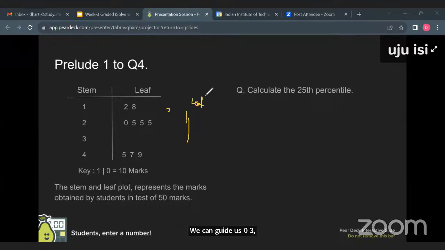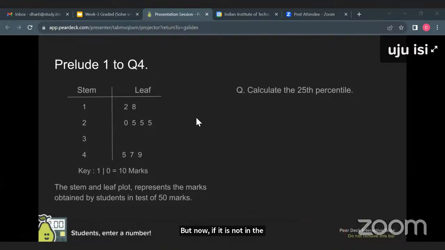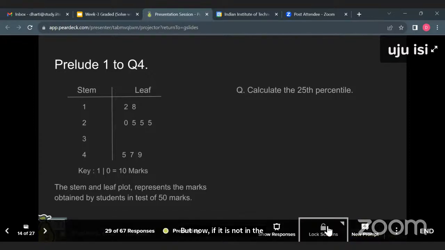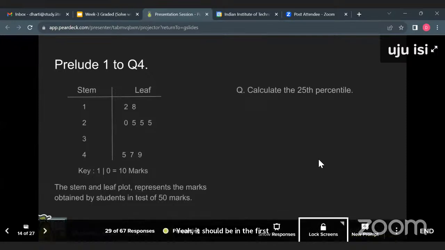But ma'am, if the stem is not in order, say after 2 there is no 3 and just a blank in the stem, and in the leaf there is something, then could we write 0 and this 3? That is an improper representation. It should be in ascending order. Stem leaf is always in order.